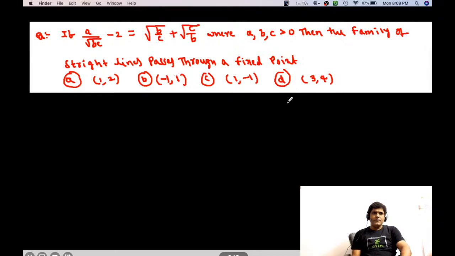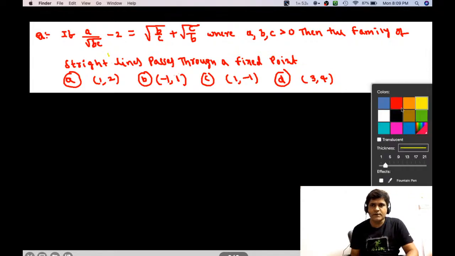If a by root bc minus 2 is equal to root b by c plus root c by b, where abc greater than 0, then the family of straight lines passes through a fixed point. It's a family of lines question. Oh, sorry, the family of straight lines is not given.